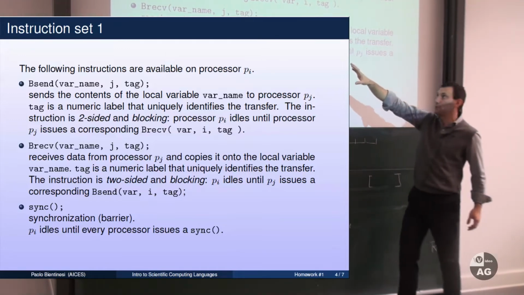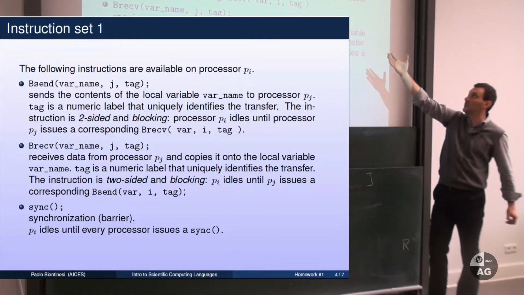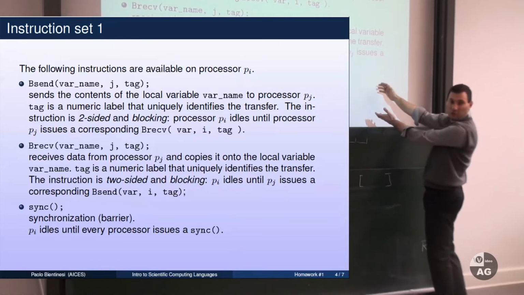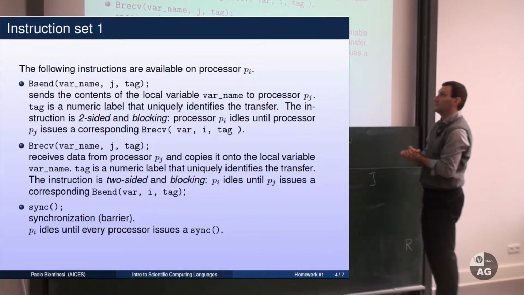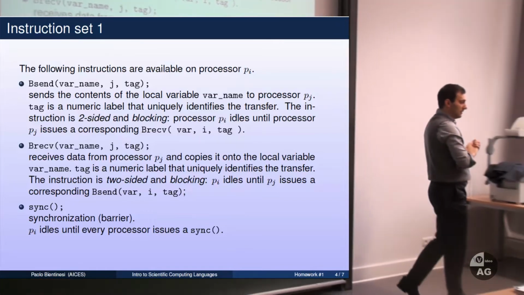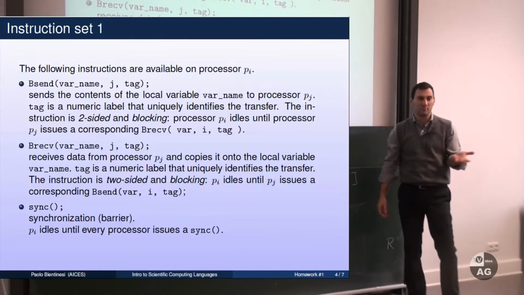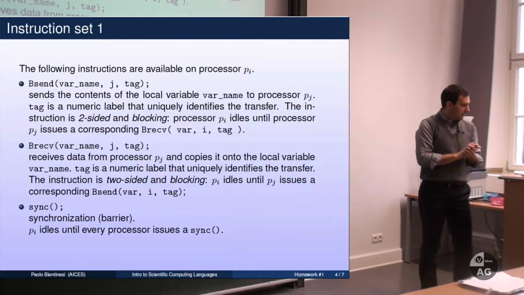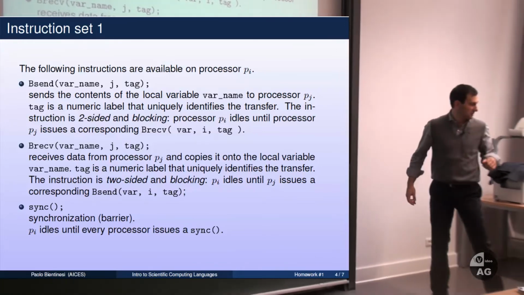Next year I will remove the B, but I told you these are the instructions. Somebody wrote MPI send. Come on. By the way, I make fun of you guys because I make tons of mistakes, so you can make fun of me as well, okay? We have a send and a receive and a synchronization. Let's solve this problem.